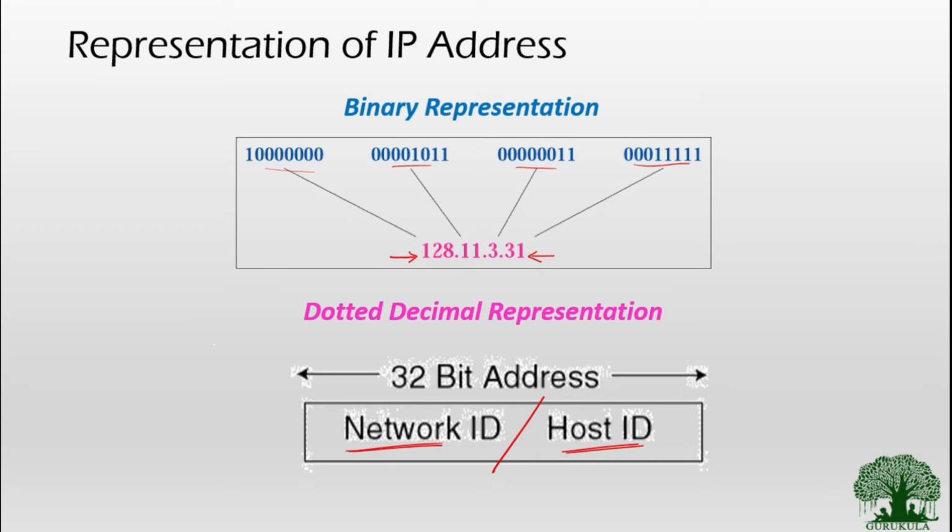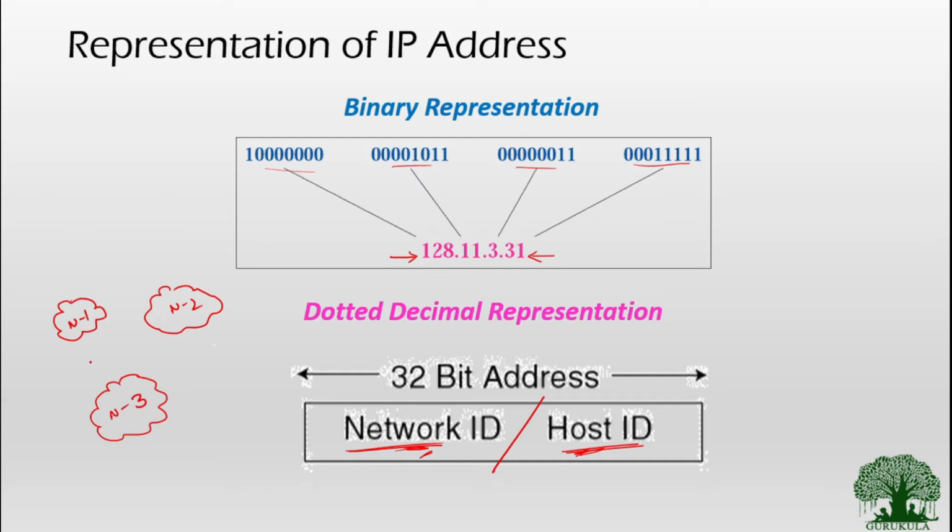So these are the two representations of IP addresses. Now we will go forward and try to understand what network ID is and what host ID is. There might be a few bits representing which network it is connected to, and there will be a few bits representing how many hosts are connected. For example, this is a particular network, net 1, this is net 2, and this is net 3.